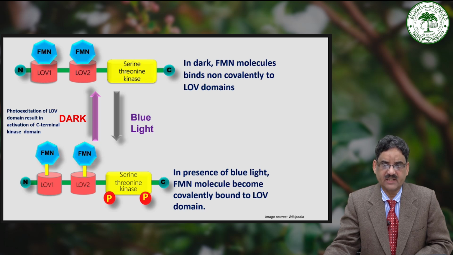This covalent modification is reversible and serves as a signaling mechanism, enabling phototropin to sense and respond to blue light stimuli. The conformational shift triggered by the covalent adduct is pivotal in initiating downstream signaling events, ultimately regulating phototropic responses in plants, as you can see in the figure.